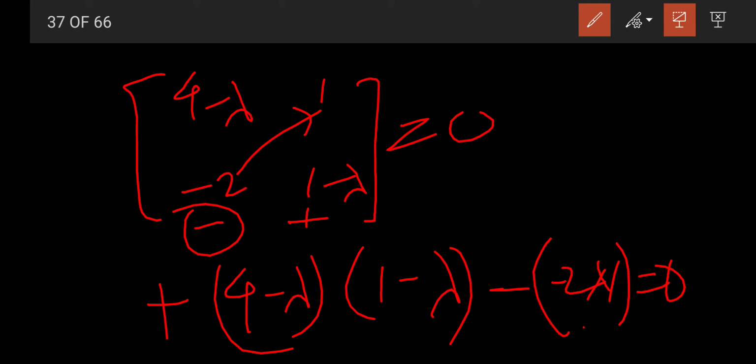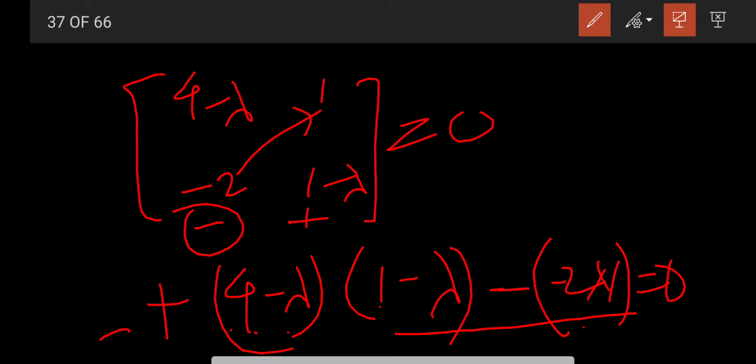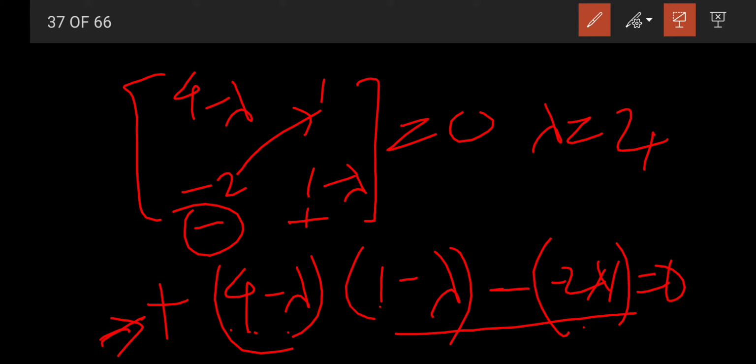This is the equation, and just multiply 4 into 1, 4 into minus lambda, minus lambda into 1, minus lambda into minus lambda, and then this is solvable, right? After solving this, you will get the values of lambda as 2 and 3. Out of this, the largest is 3. So the answer will be 3.